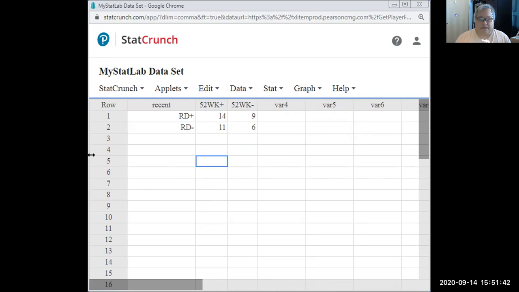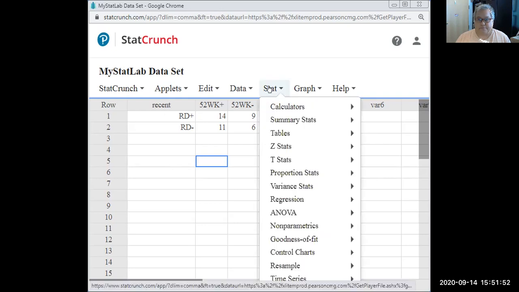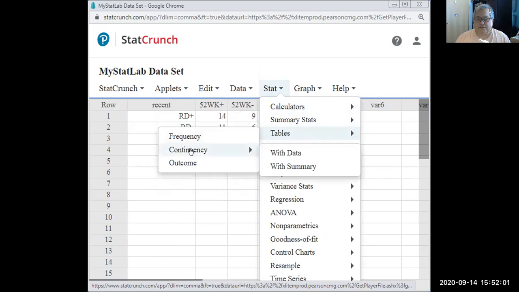And now comes the command sequence. I have to type Stat, and without clicking the mouse, move down to Tables, continue without clicking to Contingency, and finally follow the mouse movement to With Summary.